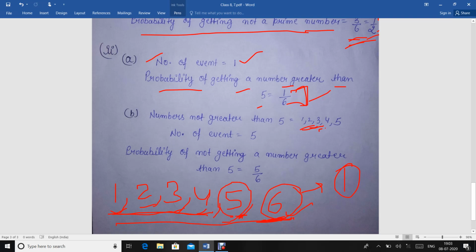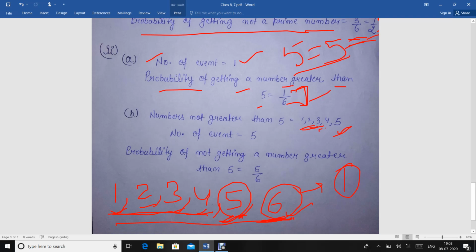Also 5 will be included in this part, because we are asked for not greater than 5. So 5, which is equal to 5, is not greater than 5, so 5 is also included in this event.